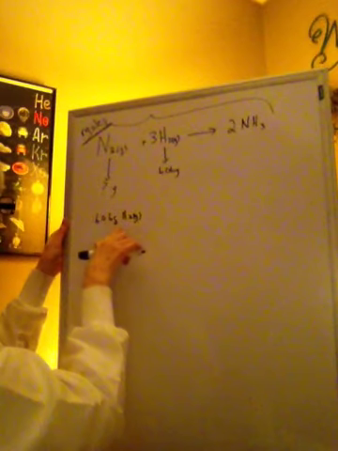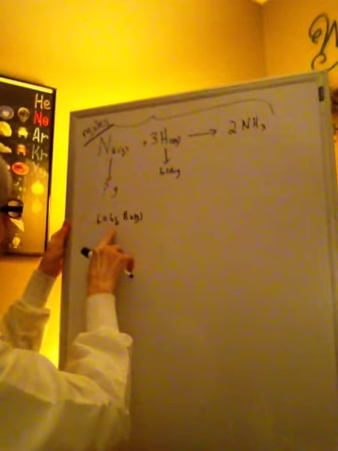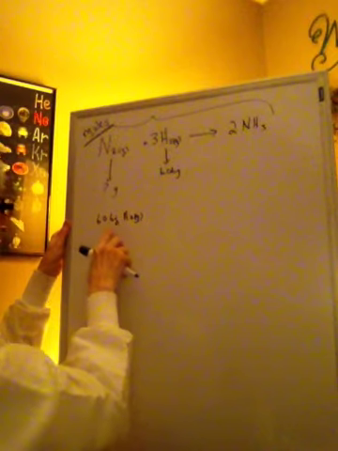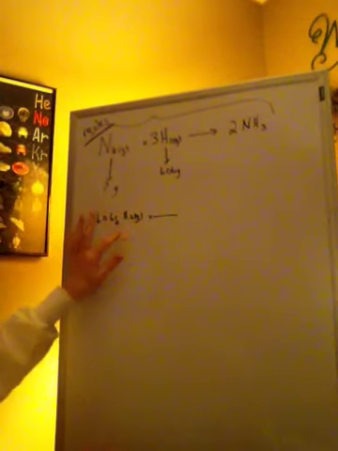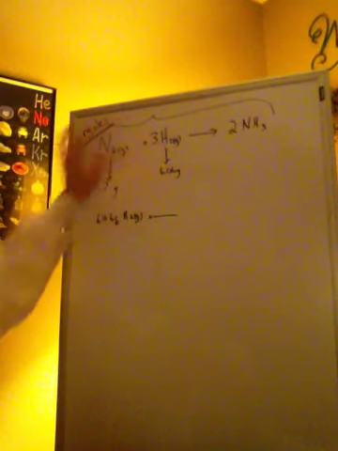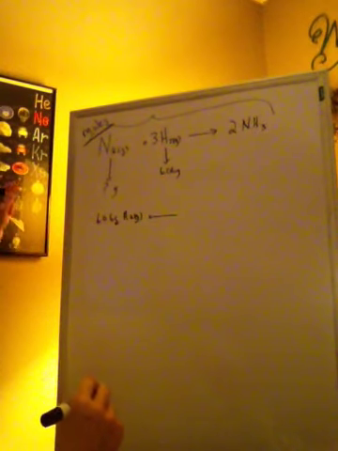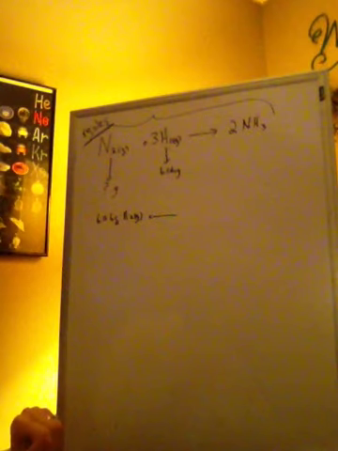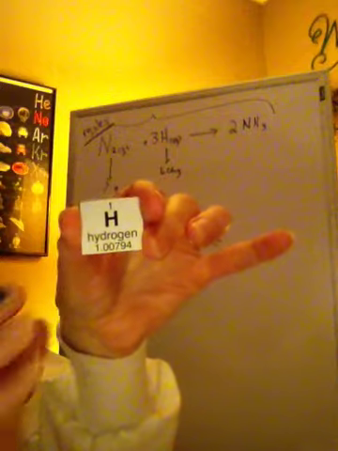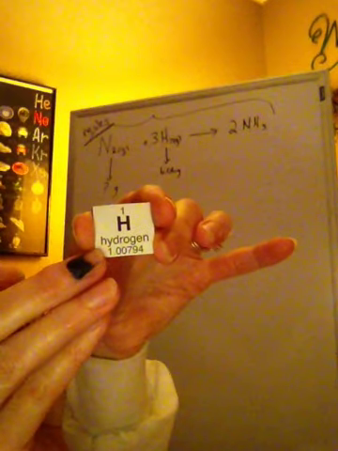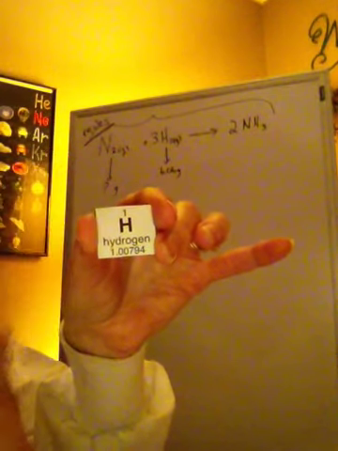So with 6.06 grams of hydrogen gas, I'm going to convert it into moles because that's the only relationship that we can have. Through the periodic table, I know that hydrogen is 1.01 grams per 1 mole of hydrogen.